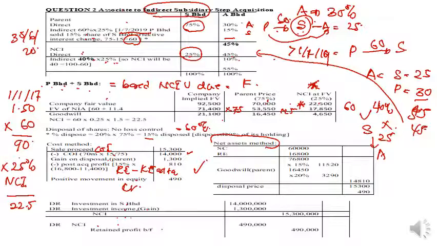So 60 times RM1.50, we're going to have 90. So the 90 here will be the value of the company as a whole. Times 25% to find the value for the NCI, so you're going to have 22,500. So 22,500 is the value of the NCI.